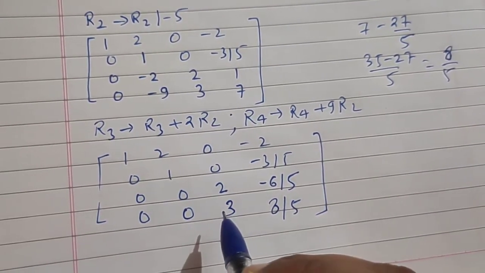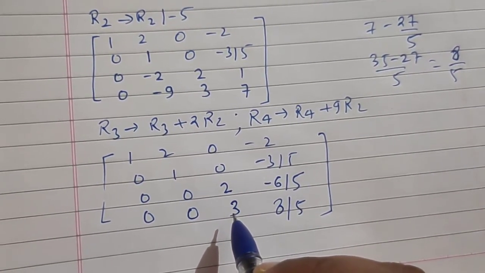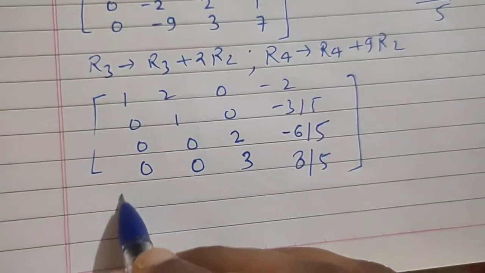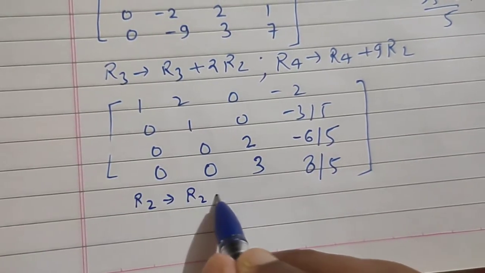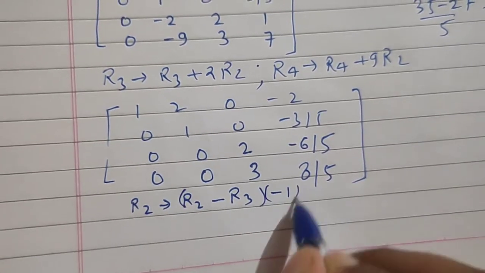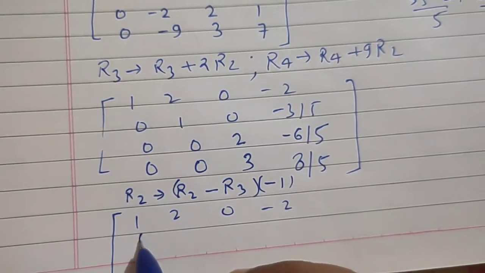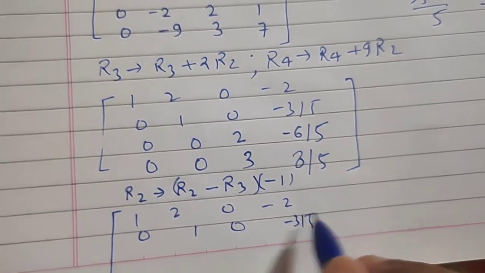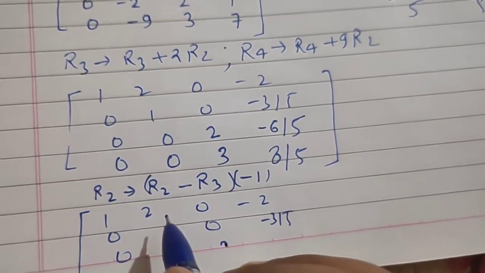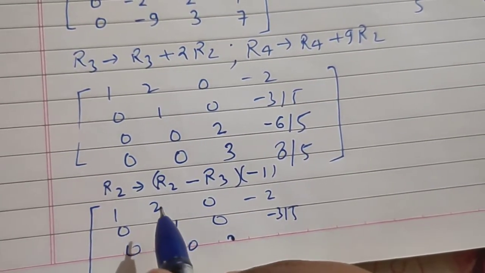If you want, you can do one more thing. R2 to R2 minus R3, and that multiplied by minus 1. So 1, 2, 0, -2; 0, 1, 0, -3 by 5; 0, 0. Now this will become 0 and 0.